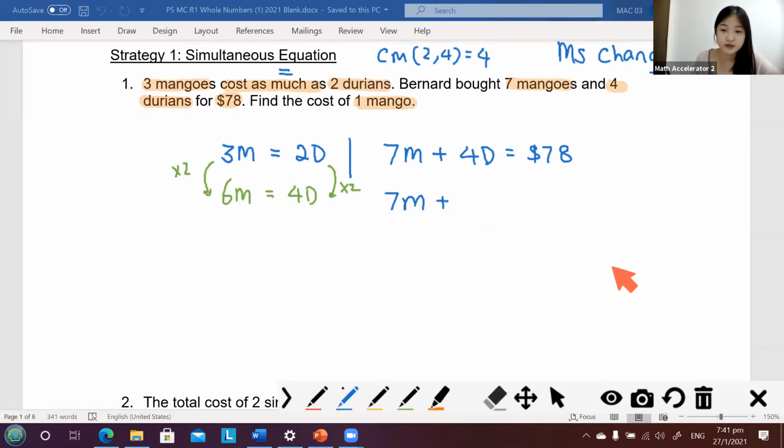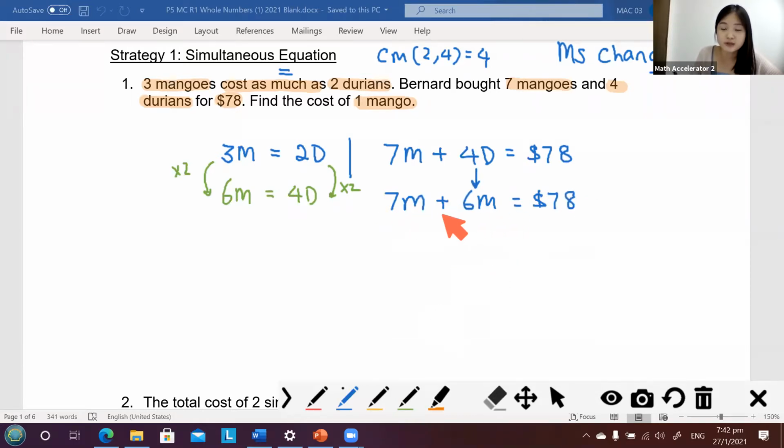You don't write 4 durians anymore, because you'd just be repeating the equation. We know that 4 durians is also equal to 6 mangoes. All right, so this equals 78.